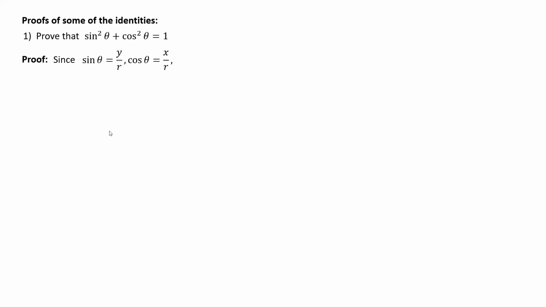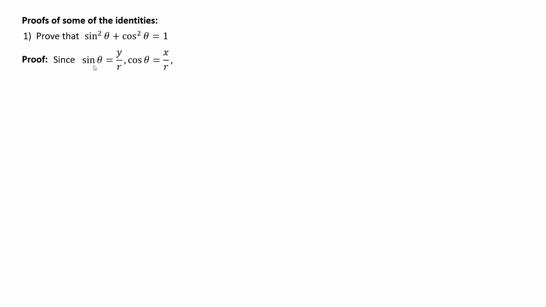If that is the case, sine square theta means this whole sine theta is being squared. Please pay attention to that part. When we say sine square theta, we actually mean the quantity sine theta being squared. The entire sine theta is being squared.